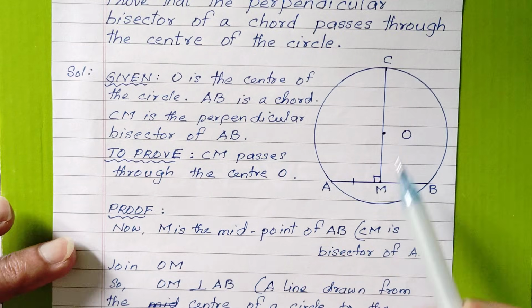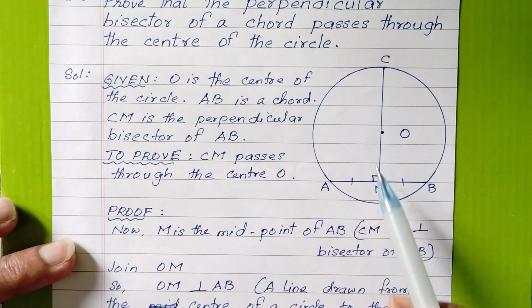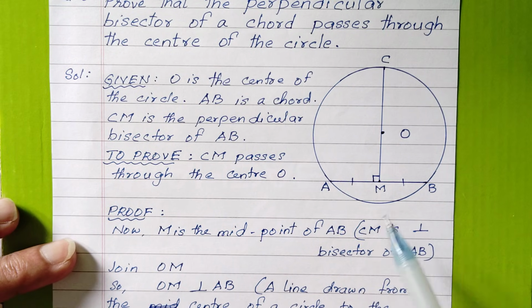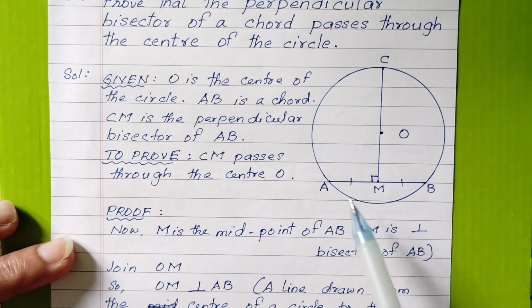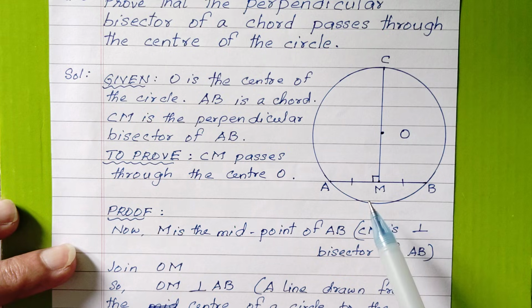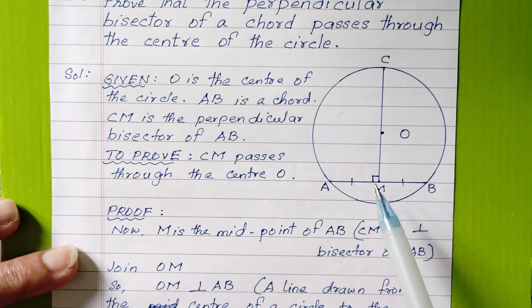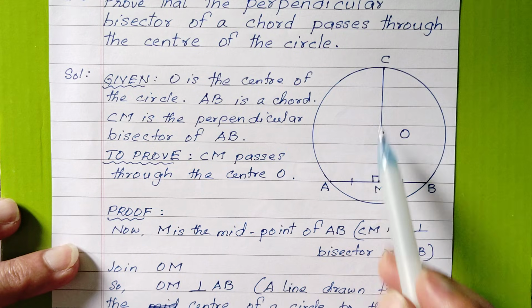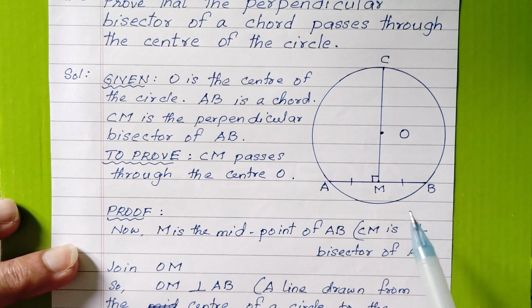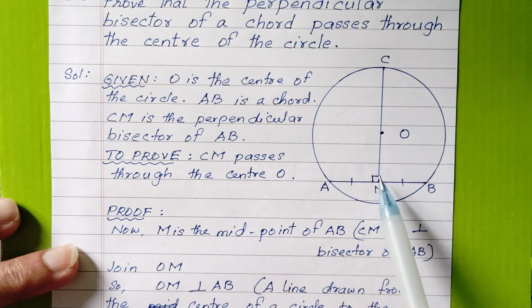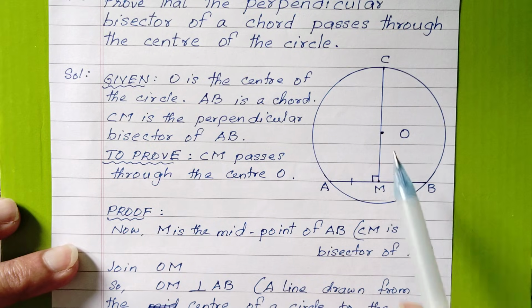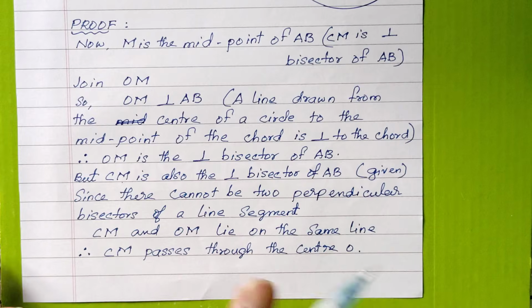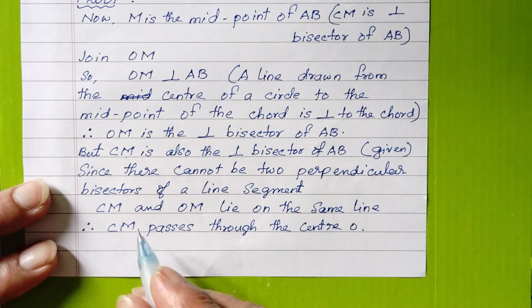So CM is a perpendicular bisector, OM is also a perpendicular bisector. For a line segment, there can't be more than one perpendicular bisector. So OM and CM lie on the same line. Therefore, CM passes through O. Hence proved.